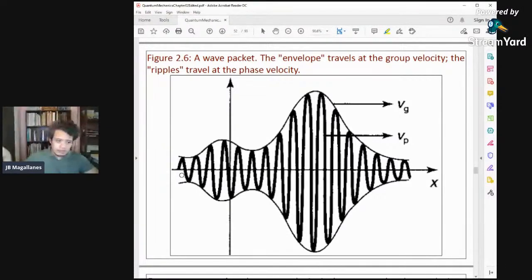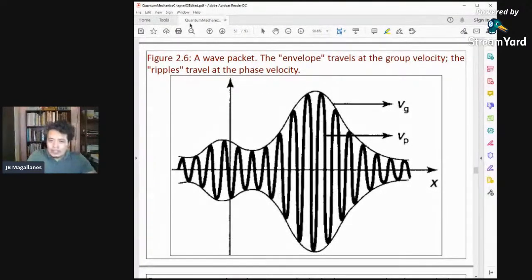So the energy could be different from each wave packet that would hit that wall. It's not constant. Maybe the energies are close to each other, but they could be really different.